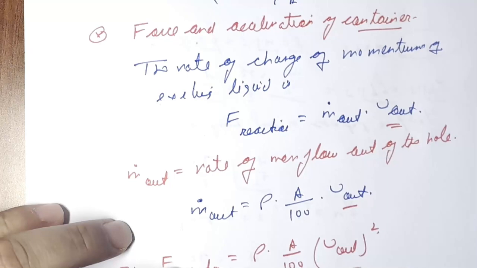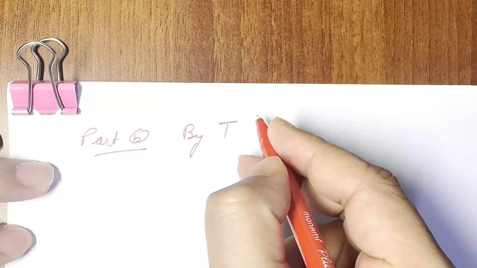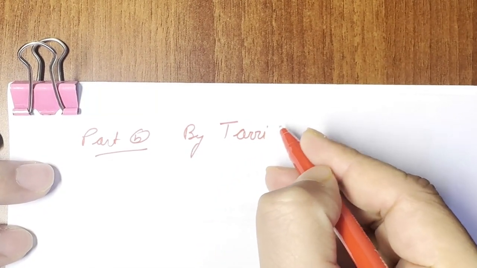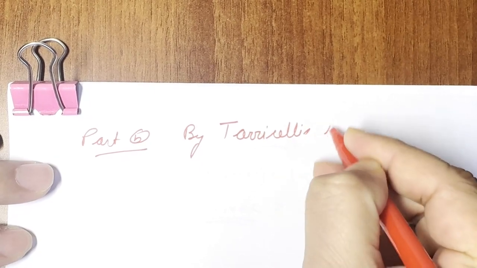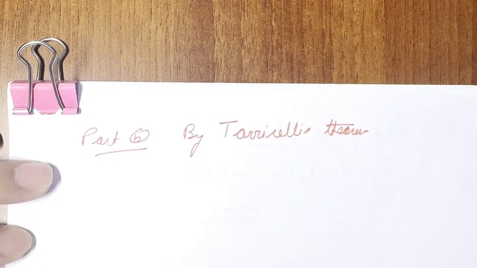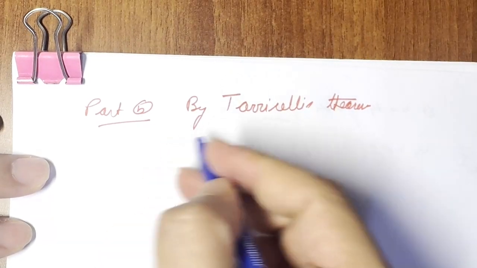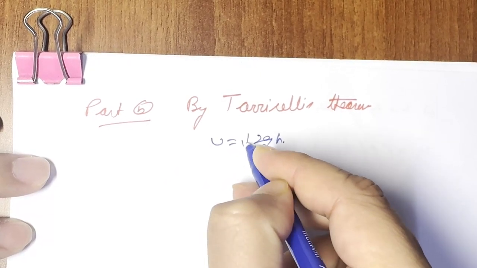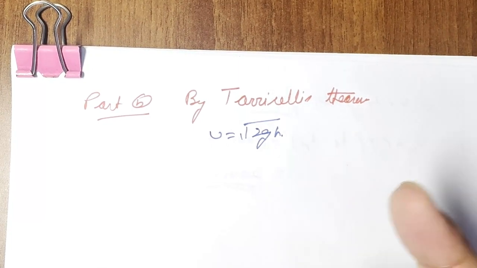So for part B, by Torricelli's theorem, let us call the velocity v is equal to square root of 2gh, and in this case only 75% of the water has drained out, so it means only 25% is remaining.